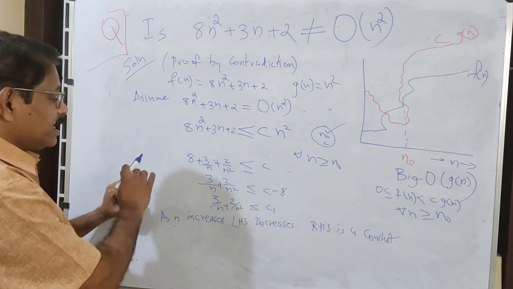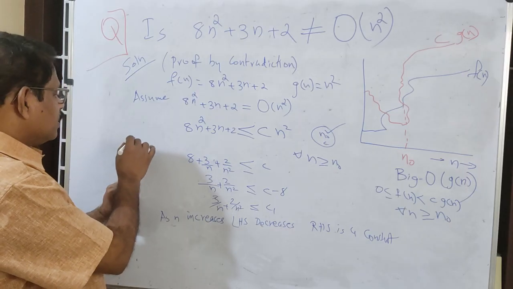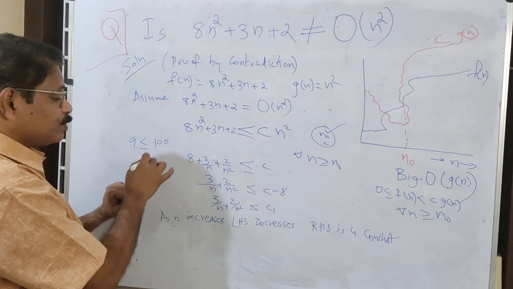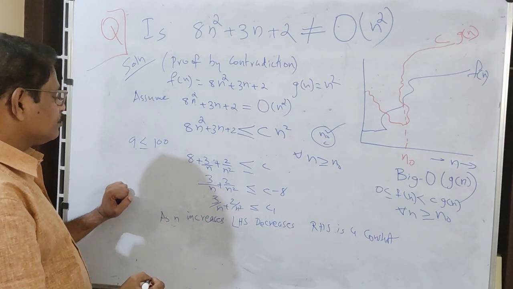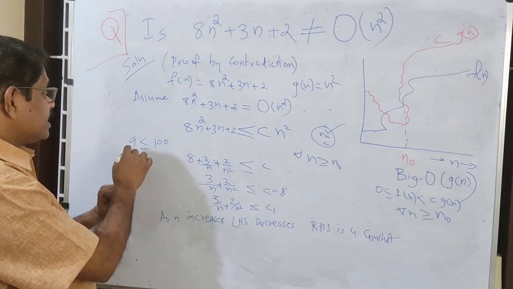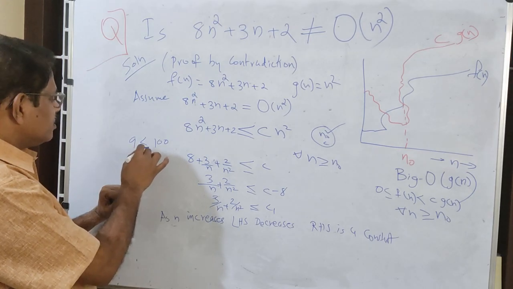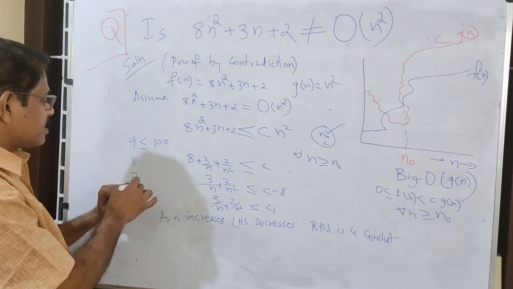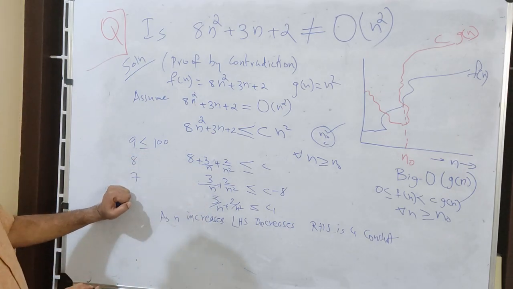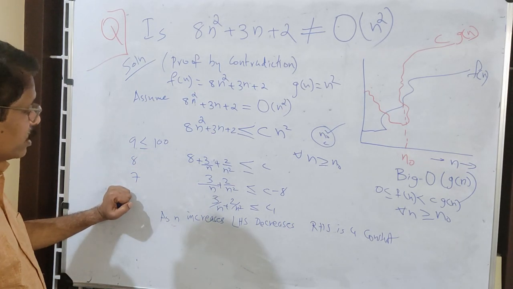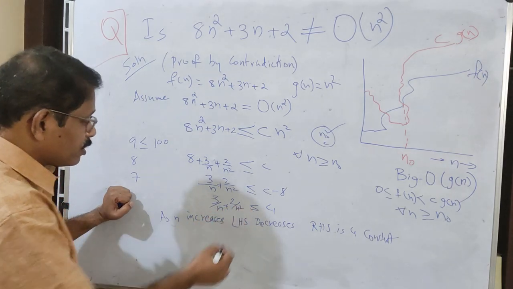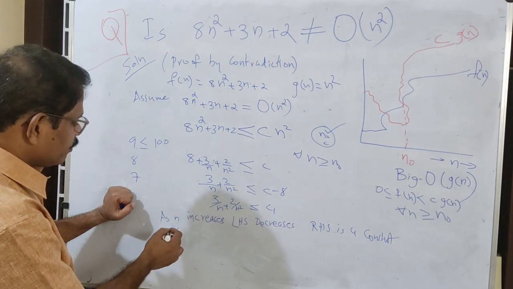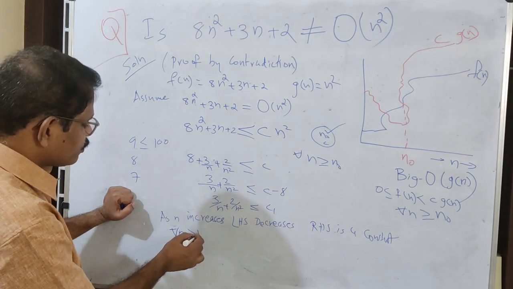Let us take an example. 9 is less than or equal to 100. 100 is a positive constant like C1. If this side decreases to 8, this condition is true. When this LHS becomes 7, this condition is true. 7 is less than or equal to 100. So this inequality holds for all values of n greater than some n0.